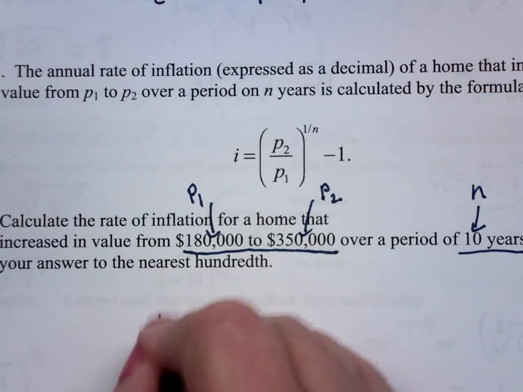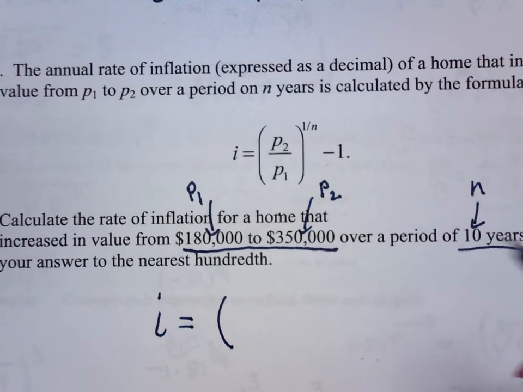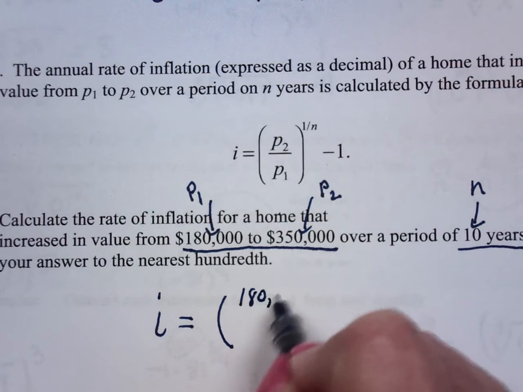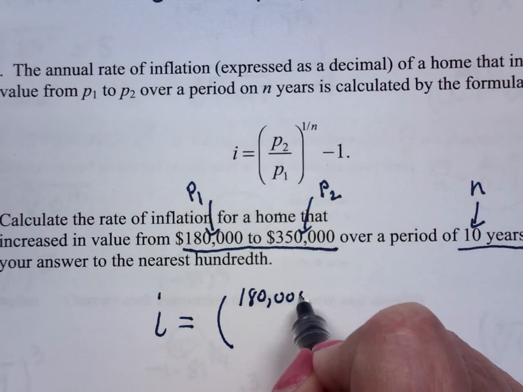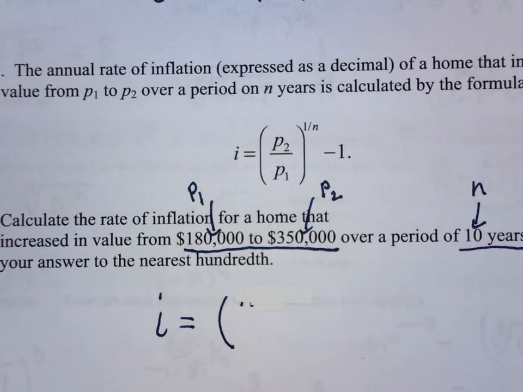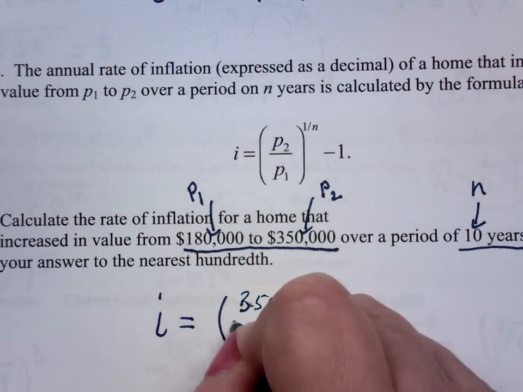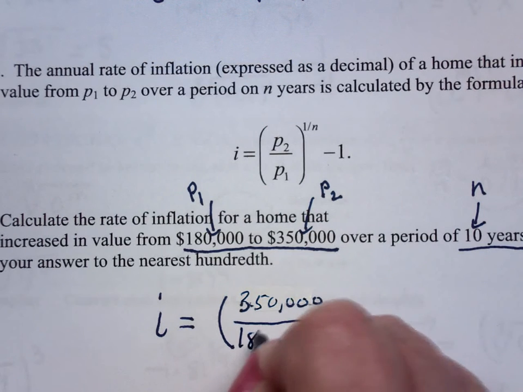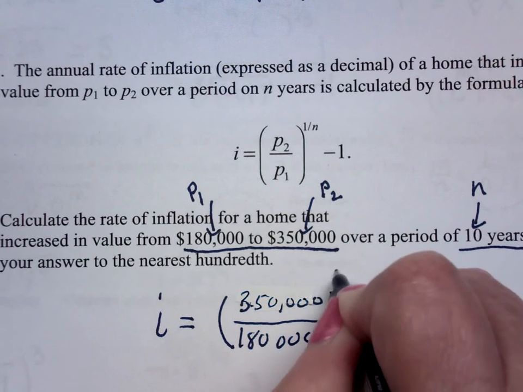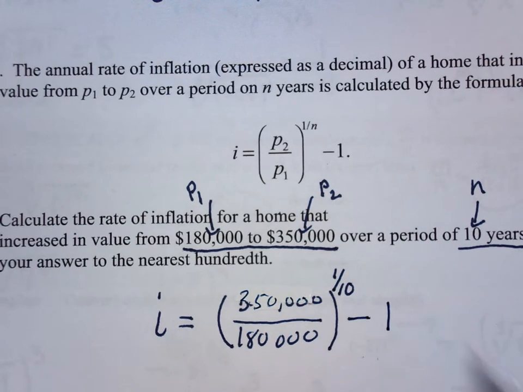So this says that I is equal to P2, which is 350,000, over P1, 180,000, to the 1 divided by 10, minus 1.